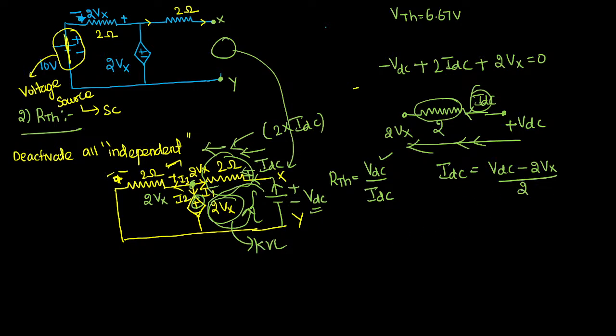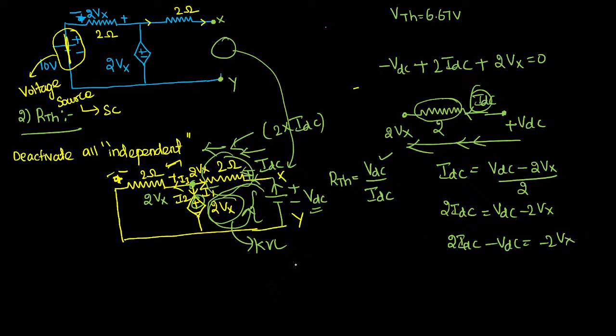So from this, if you estimate the value of 2Vx, what will you get? We can also write this expression as twice of IDC equal to VDC minus 2Vx. Right, so this is the alternative way to write the expression. Yes, sir. So from this, 2 times IDC minus VDC equals minus 2Vx.